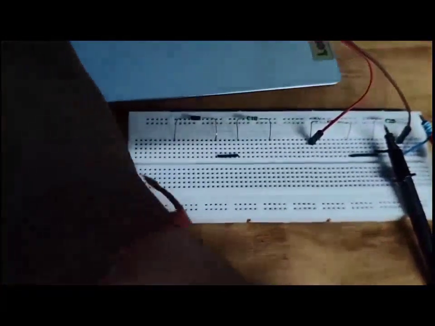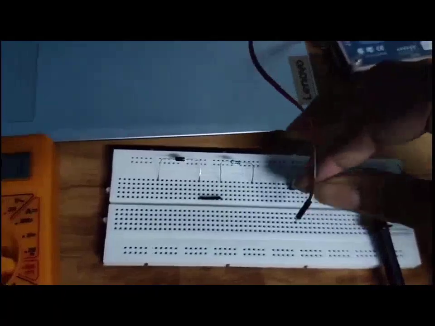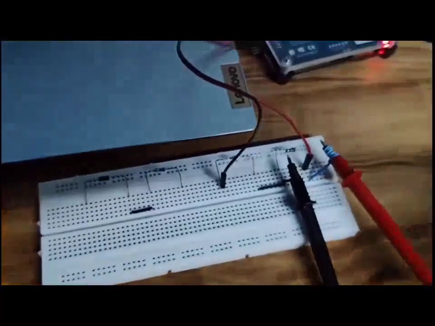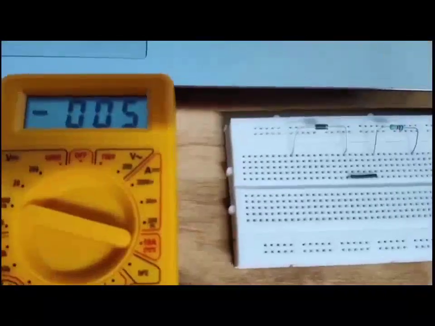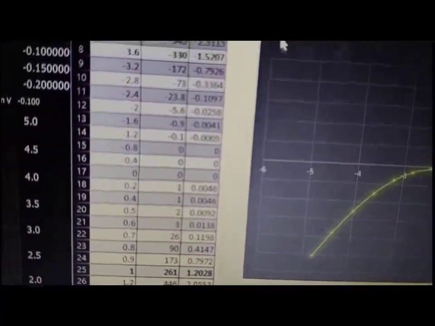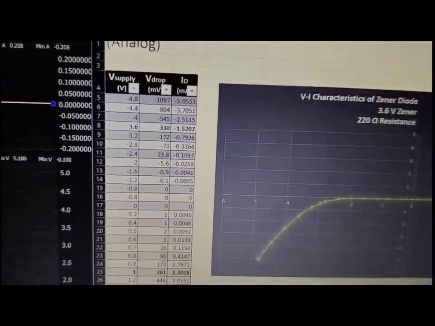For reverse bias, we put ground first and then VCC, and now we are passing 2 volt, and the drop we measured is around minus 5.6, as we noted earlier.